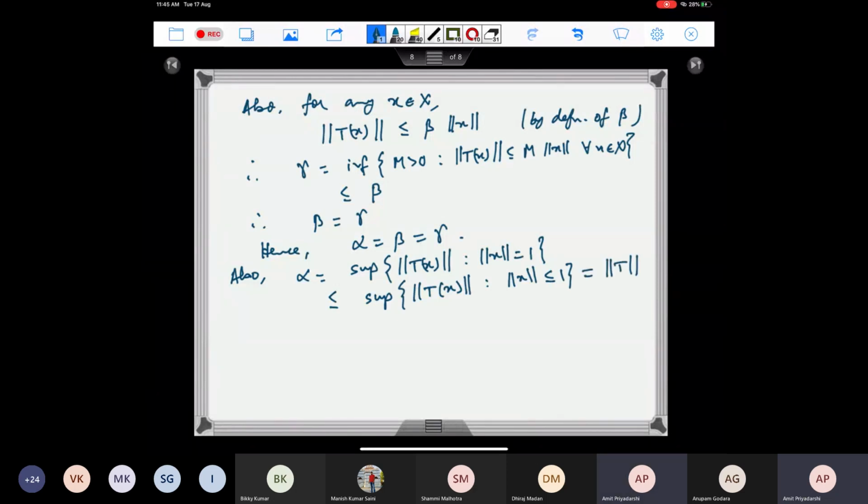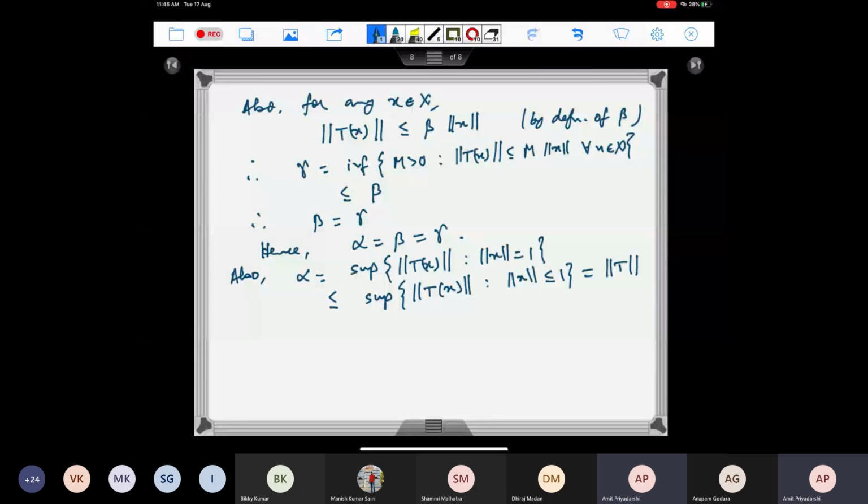Conversely, we want to see that norm T is less than or equal to alpha. In fact, we know alpha, beta, gamma are all equal. So if I show that norm T is less than or equal to one of these, then we are done.